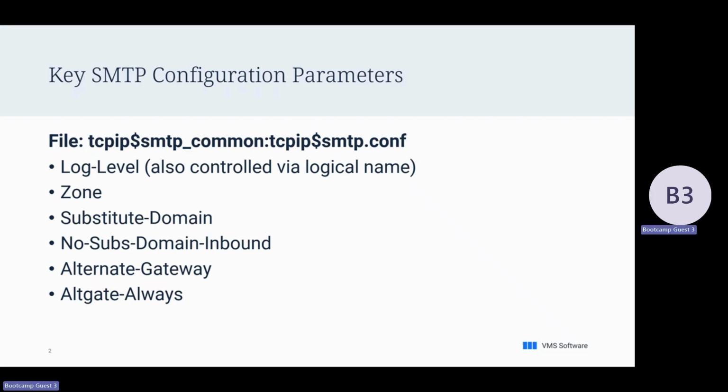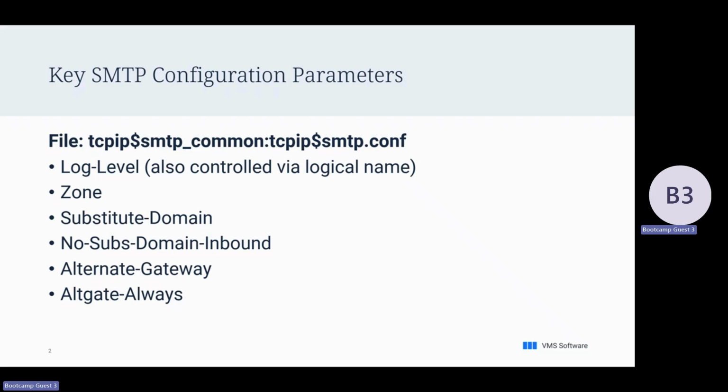So if you're on 5.5, 5.6, 5.4, UCX, then you're going to have like TCP/IP$SMTP_LOG_LEVEL, and then you have the set config smtp /zone= and set config smtp /subs=domain=whatever. So you have either logicals or you have that set config smtp or show config smtp.